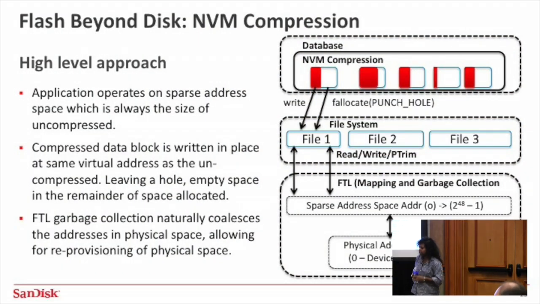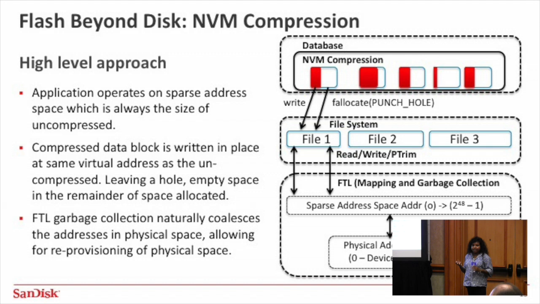So what we demoed last year and released earlier this year is what we call NVM compression, which is complementary to atomic writes but doesn't require it. If you think about compression, it's another case where applications do something that devices do natively anyway, very efficiently and at super high speeds.